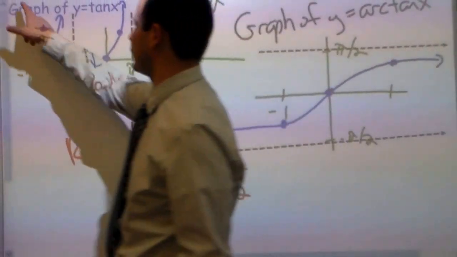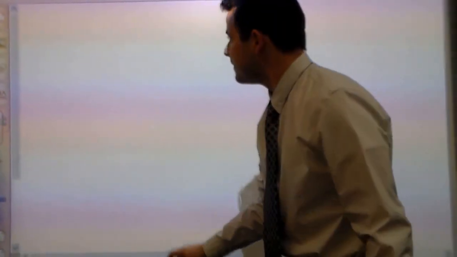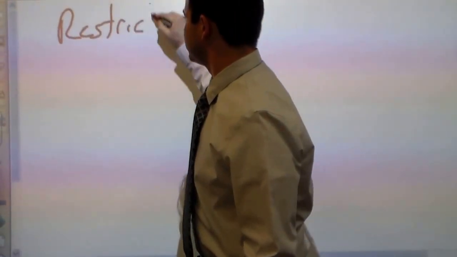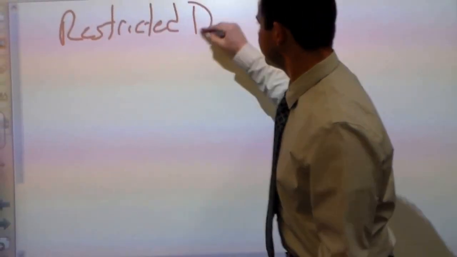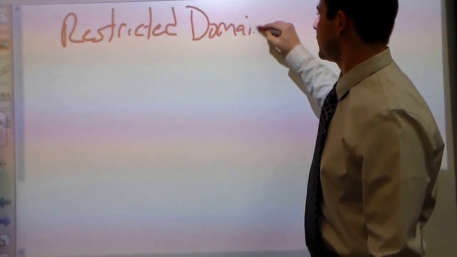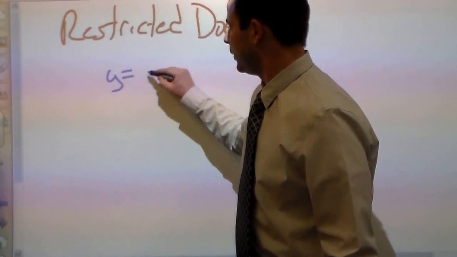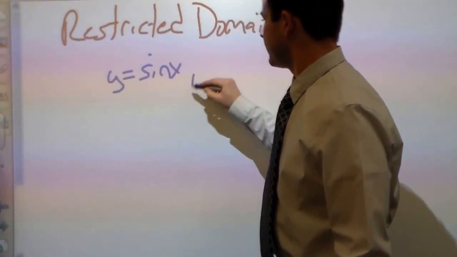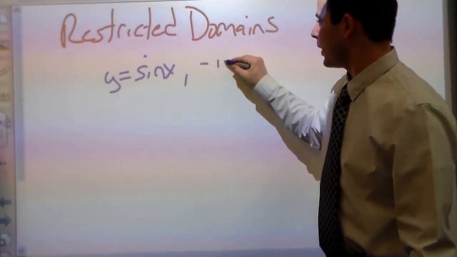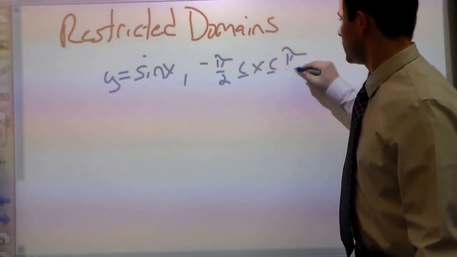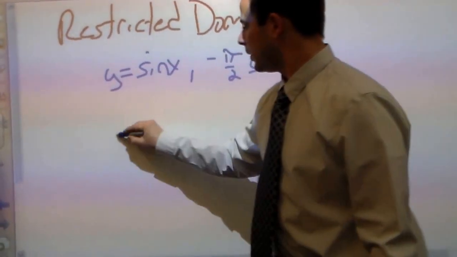So just to review the restricted domains: for sine, we're restricting from negative pi over 2 to pi over 2.